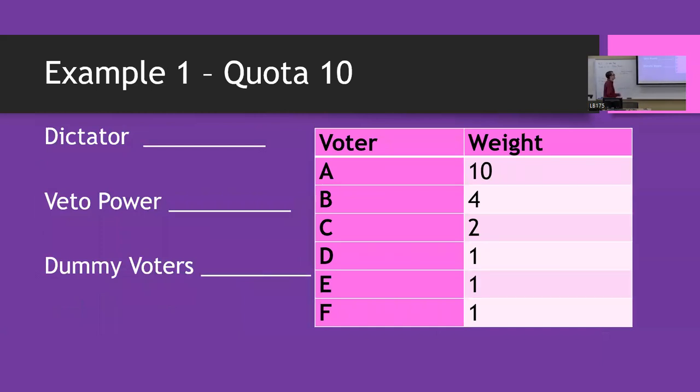So A is a dictator and has veto power, and C is a dummy voter, but it turns out all the other voters are. If you have a dictator, all the other voters are dummy voters. So technically B, C, D, E, and F are all dummy voters. They're never going to sway the outcome.